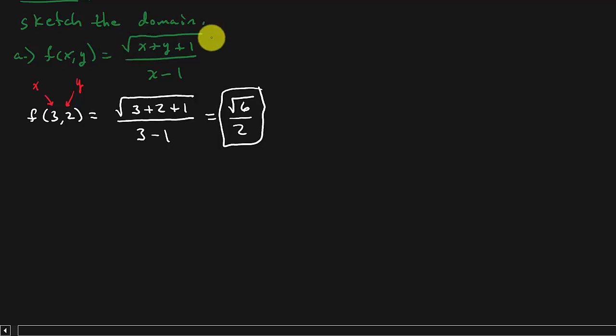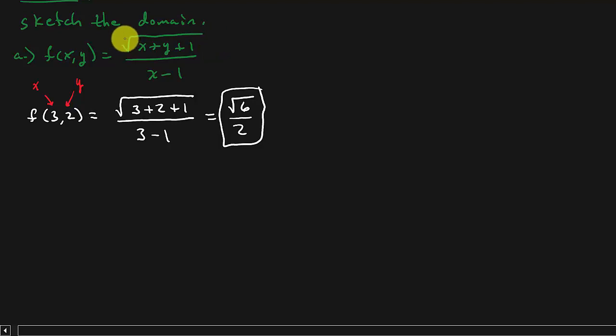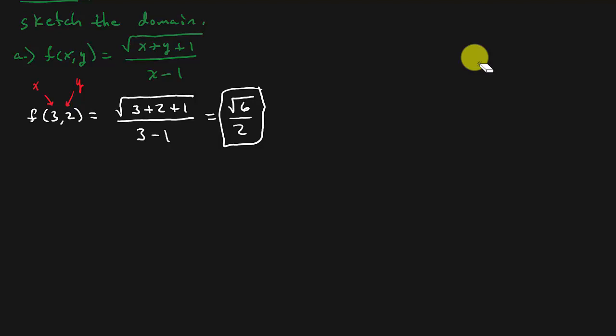If you have a radical that has an even index, remember the index is, for example, the 3 in a cube root, or you can have a fourth root and so on, and when there's no number there, it's understood to be a 2, that's a square root. Then you can't have a negative number underneath that radical.